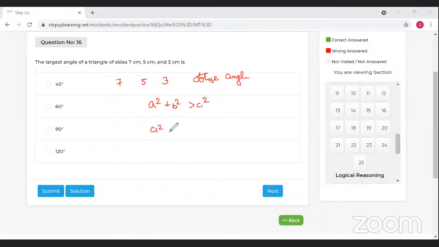Right, for a right angle, it is a square plus b square should be equal to c square. This is for right angle, and this is the property for obtuse angle. So they're saying the largest angle of a triangle, so it has to be opposite to the largest side. So opposite to the largest side, it has to be 120 degree.